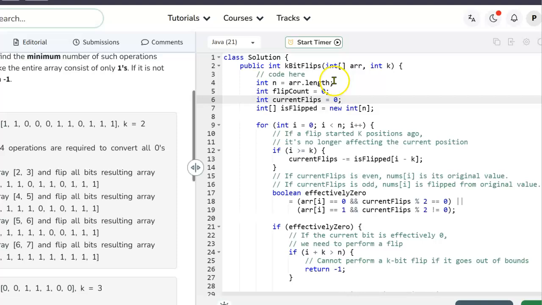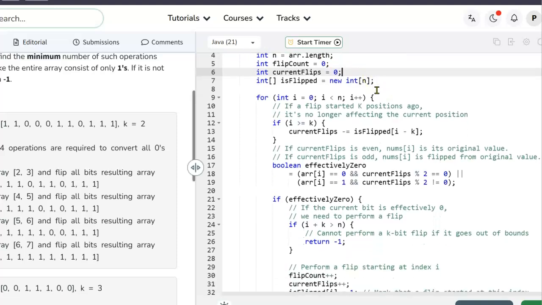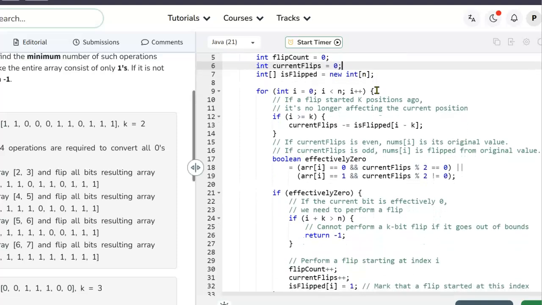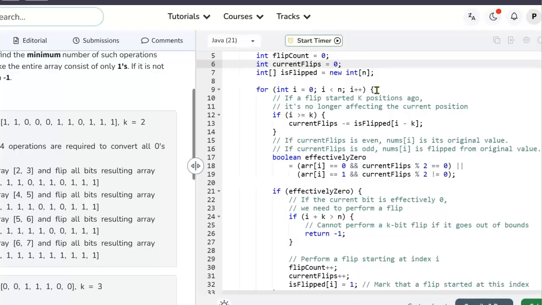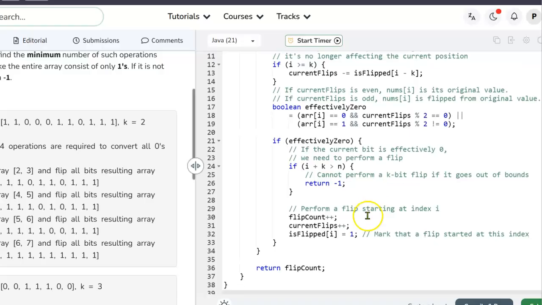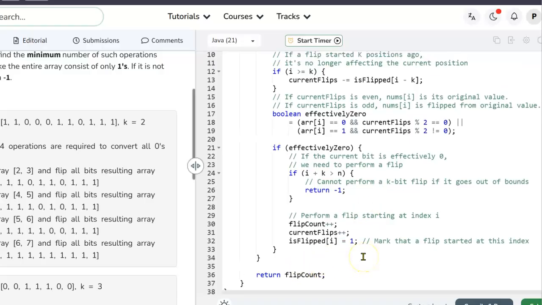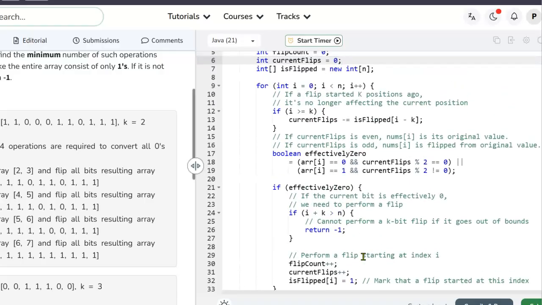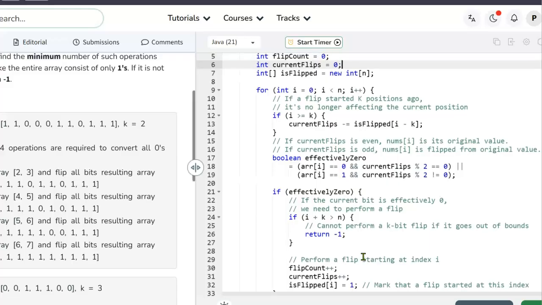Okay. N, array length. I need to scoot that up. I need to be able to see this. All right. The only thing that we can't see here is that at the end we're going to return flip count, but we can remember that. Flip count keeps track of the number of flips that we do. And that's what the method is going to return.